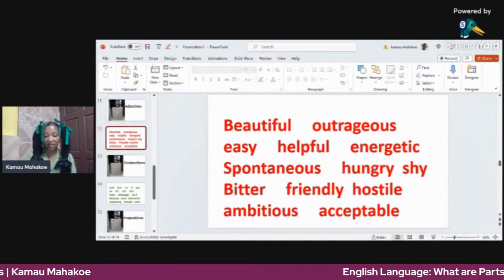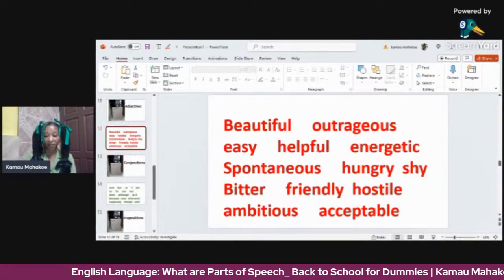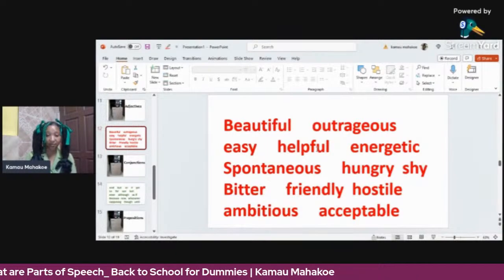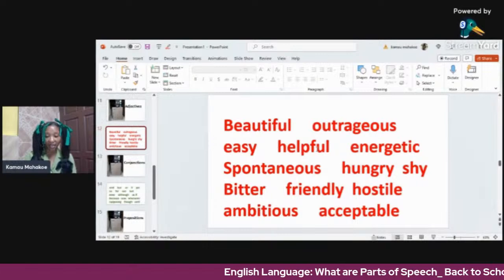Friendly is an adjective. You're describing someone as being friendly. What noun can we form from friendly? Well, the noun would be friend. That's a person. What verb can we form from friendly? I can say befriend.